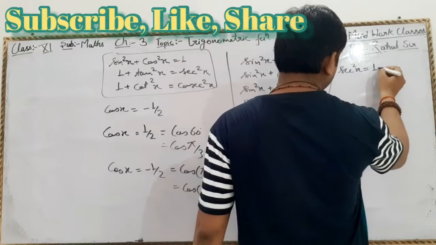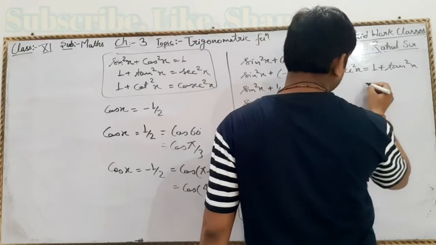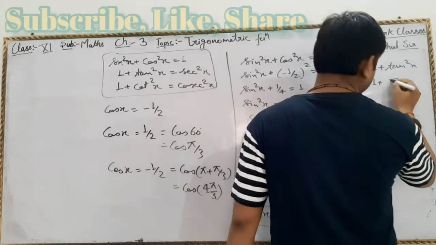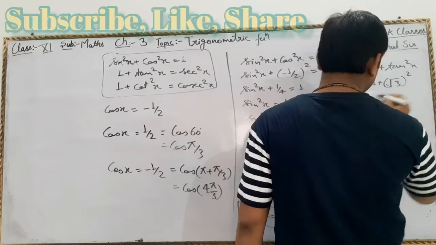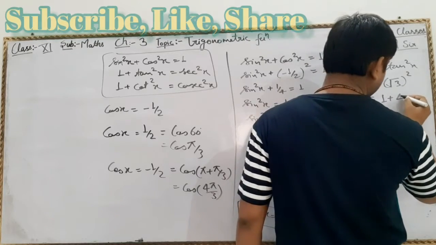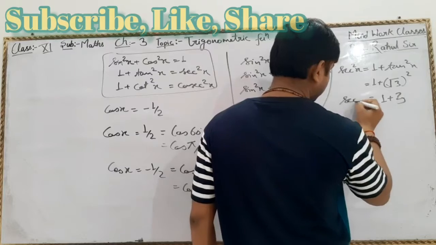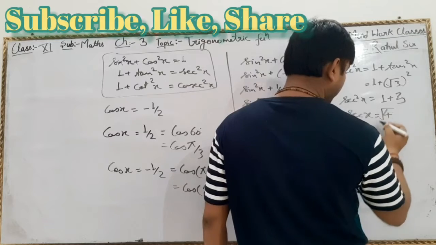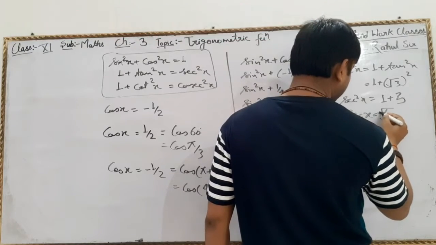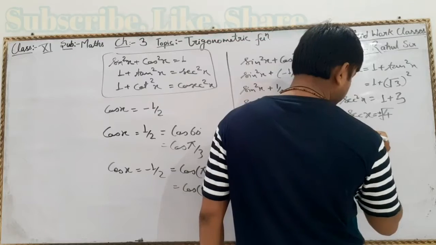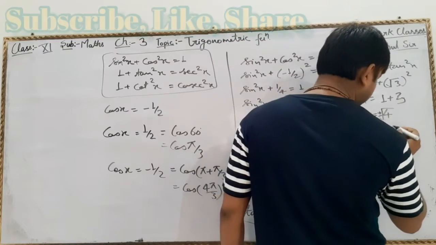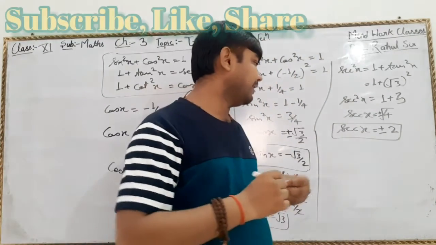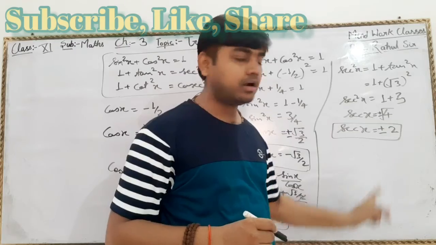Sec square x equal to 1 plus tan square x. So 1 plus, what is the value of tan x? That is root 3. Then the square of this, so 1 plus 3 gives sec square x equal to 4. So sec x is equal to root 4, and that means plus minus 2. Now we know that the value of sec x will be either plus 2 or minus 2.